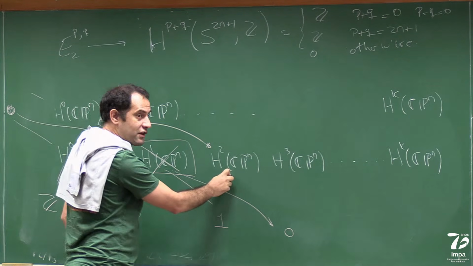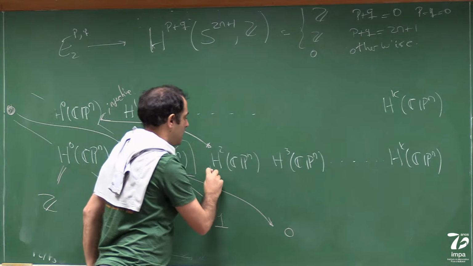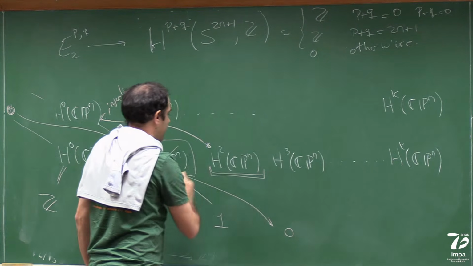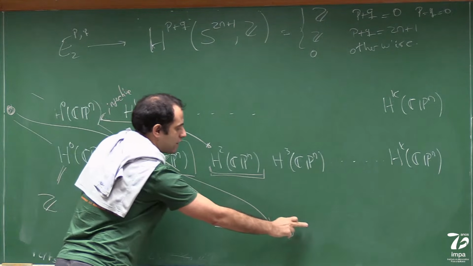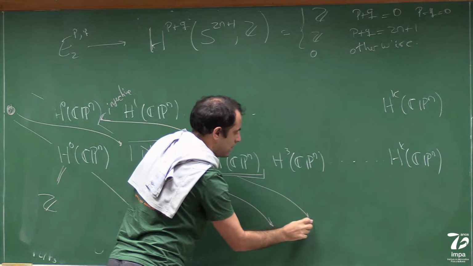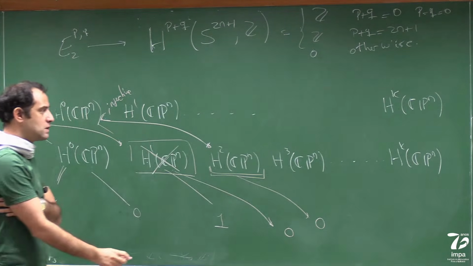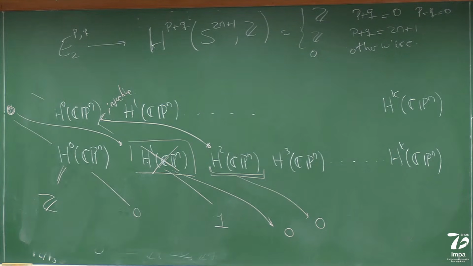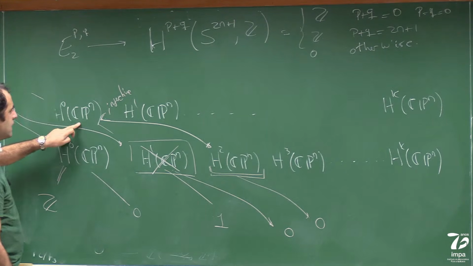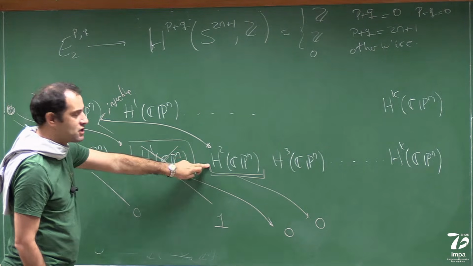Let's look at homology in degree 2. Okay. So I have this guy. Anything in here goes to 0 there, because it's in the kernel. But also, I need to look at what happens modulo the image of this map.